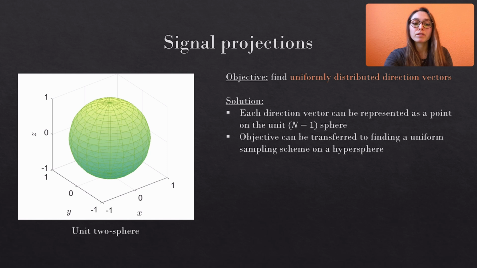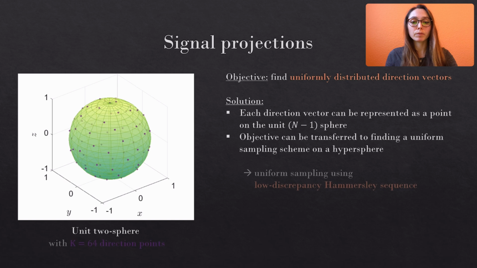Don't be confused by this notation. Since we only consider the surface of this 3D ball, we do not need the three-dimensional volume it contains. And its surface is basically a plane that lives in 3D space. That's why we call it a 2-sphere.